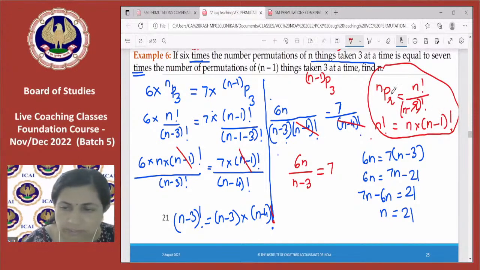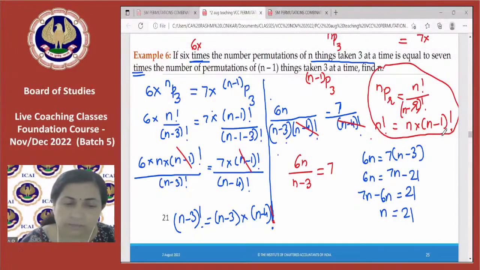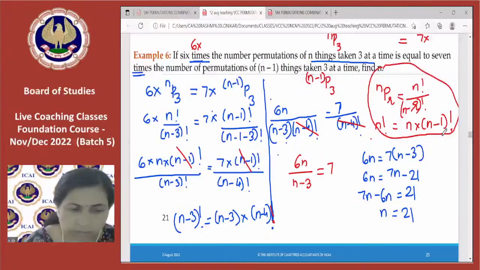And when I substitute, I will always try to simplify from the bigger number to the smaller number.